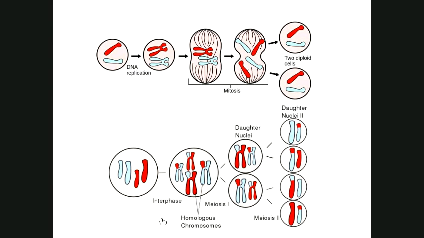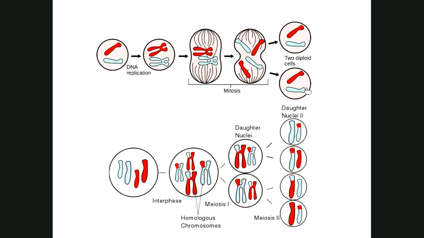Here you can see meiosis. There are four chromosomes, and they form four copies of their own. What will happen? They get four daughter cells, but they have two chromosomes each. So in meiosis, they have half the number of chromosomes, while in mitosis, they have the full number of chromosomes inside their body.